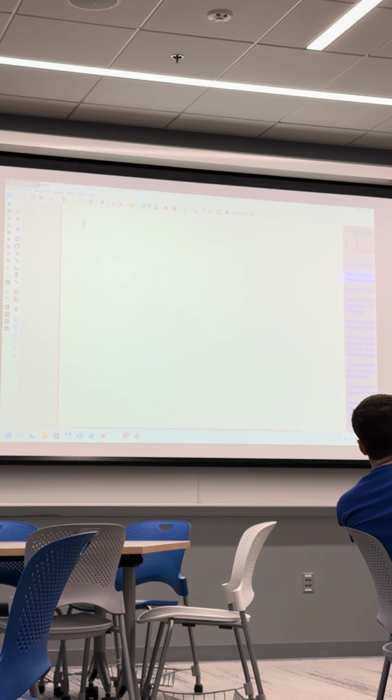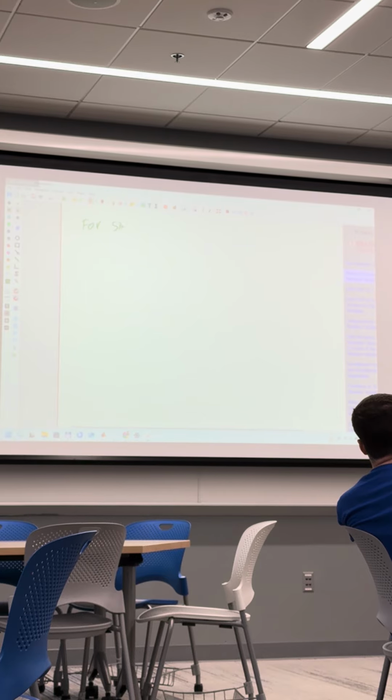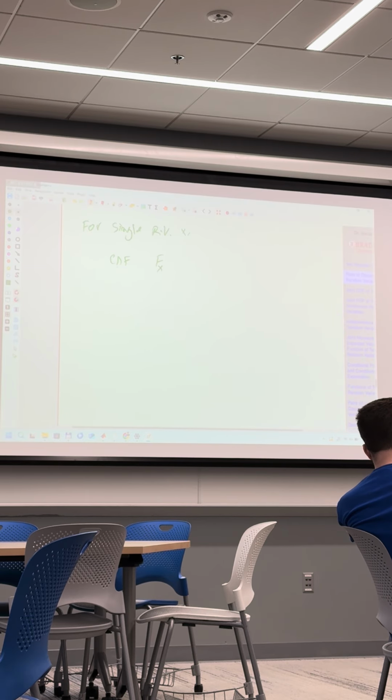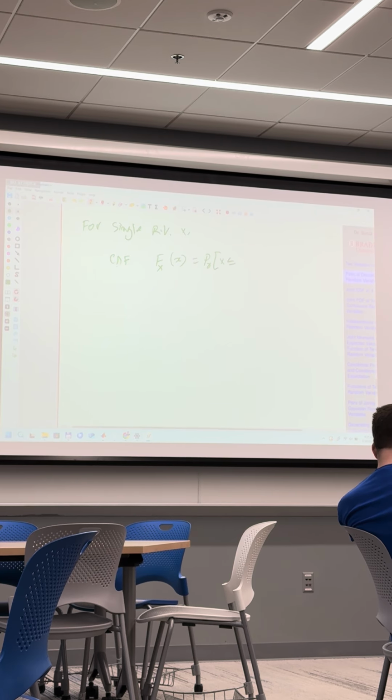For a single random variable, what did we do? The CDF of a single random variable X we denoted with F sub X at x. It is by definition the probability that random variable X takes values all the way up to x, and this x can vary over the entire real line. Okay, so this was for the single variable.